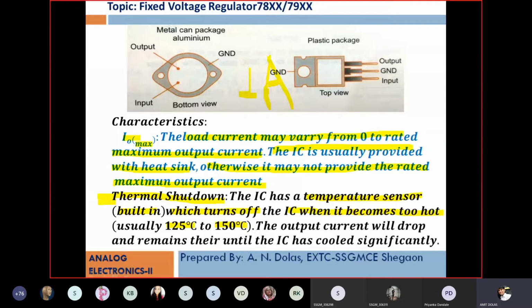If its temperature is above 125 degrees centigrade, that sensor will turn off the IC. The output current will drop automatically and remains there until the IC has significantly cooled. So these were the 4 characteristics of the fixed voltage regulator 78 and 79 of any voltage series.